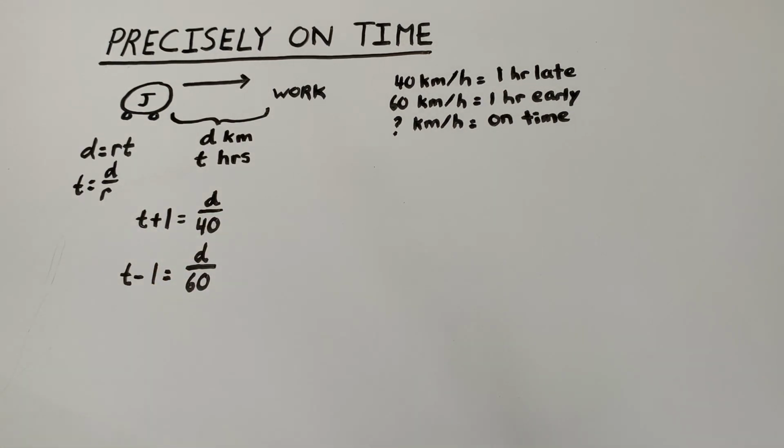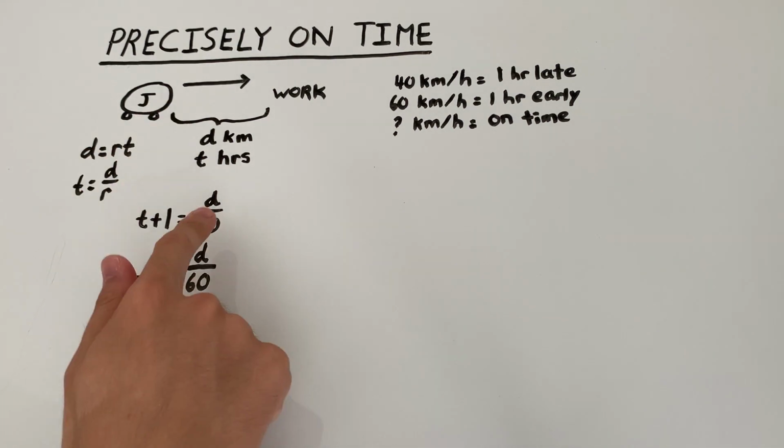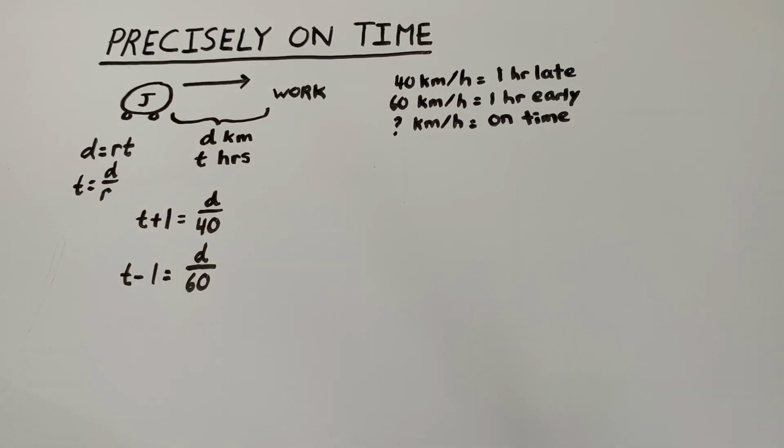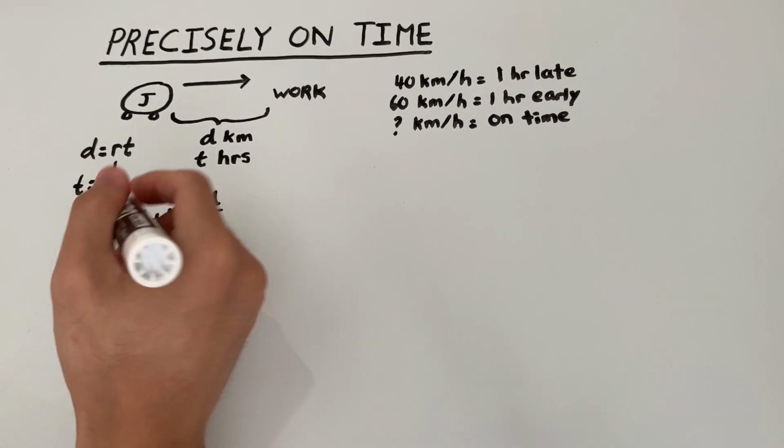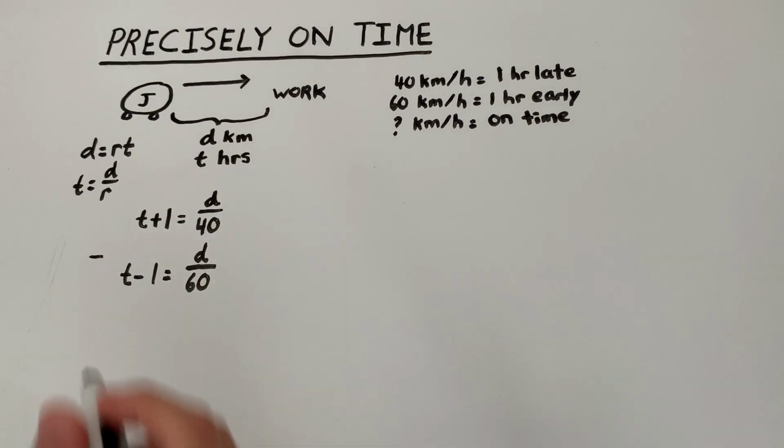Now remember, I said that we were going to find the distance first. But here we have t and d. So is there a way that we can get rid of the t somehow? Well, yes. We can get rid of the t by subtracting both equations.